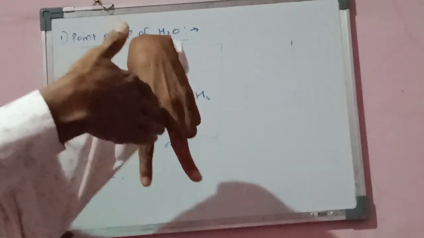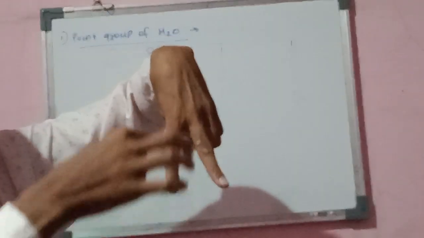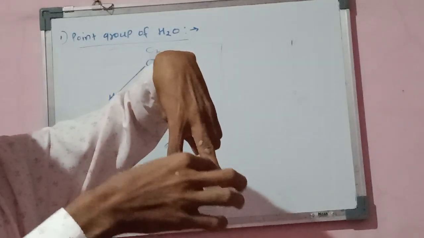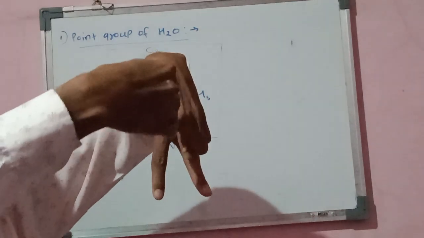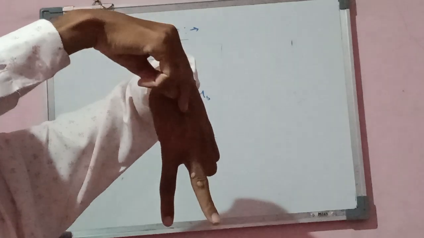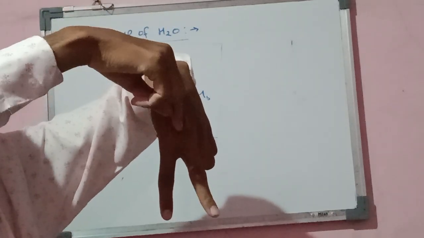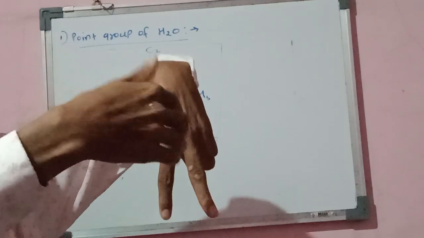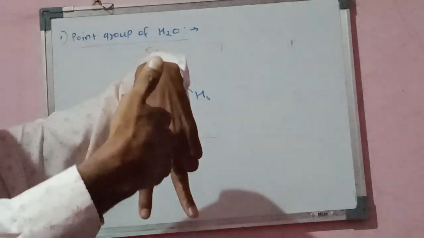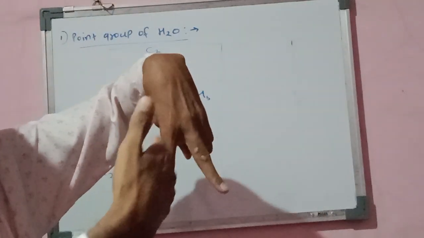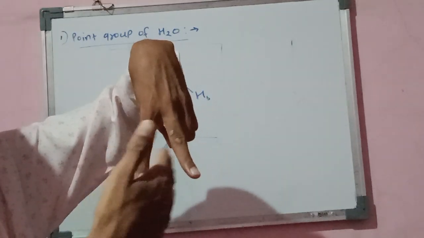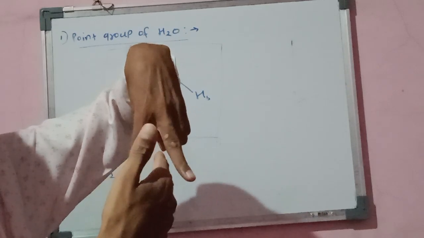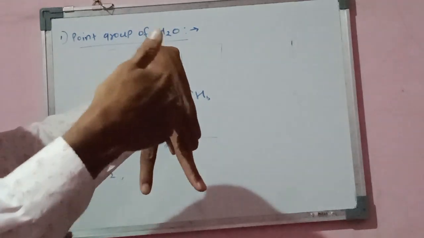Here, this water molecule also has another vertical plane of symmetry, because if we pass the plane through this oxygen, suppose this is a water molecule, hydrogen, oxygen and hydrogen, then if we pass the plane parallel to the axis of rotation, the Cn axis or C2 axis, this plane divides the water molecule into two equal parts. This part is hydrogen and this part is also a hydrogen atom at equal distance, means having a plane of symmetry.